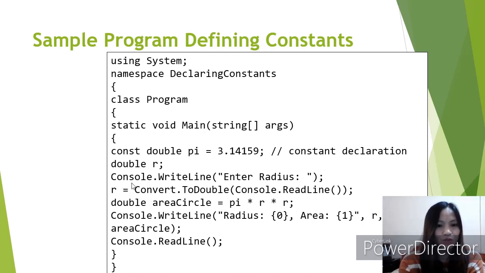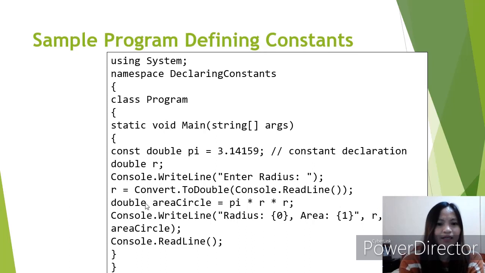Console.WriteLine "Enter radius" is equivalent to cout, and then this line r is equal to Convert.ToDouble. ToDouble is a method, remember. Why ToDouble? Because you declared the r variable to be of double data type. And then Console.ReadLine allows you to enter the value of the radius. So this line is equivalent to cin in C++. So cout, cin, or printf, scanf.